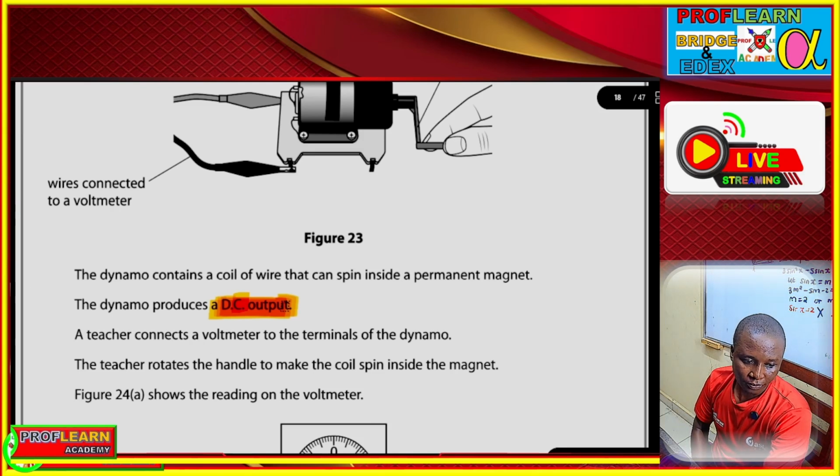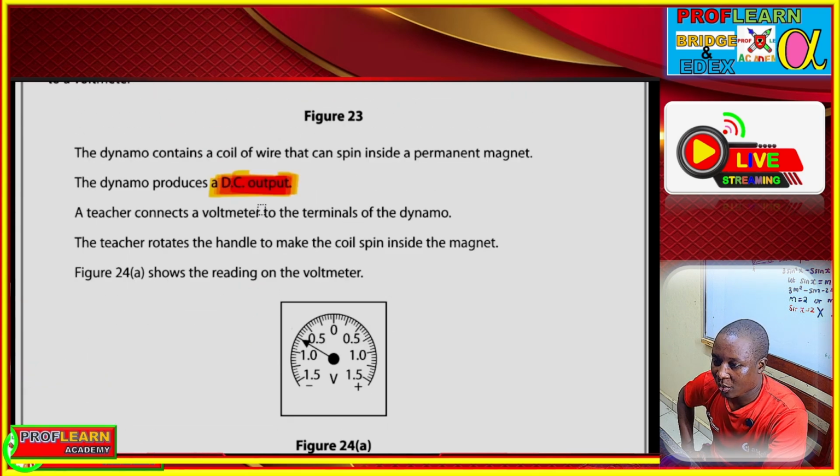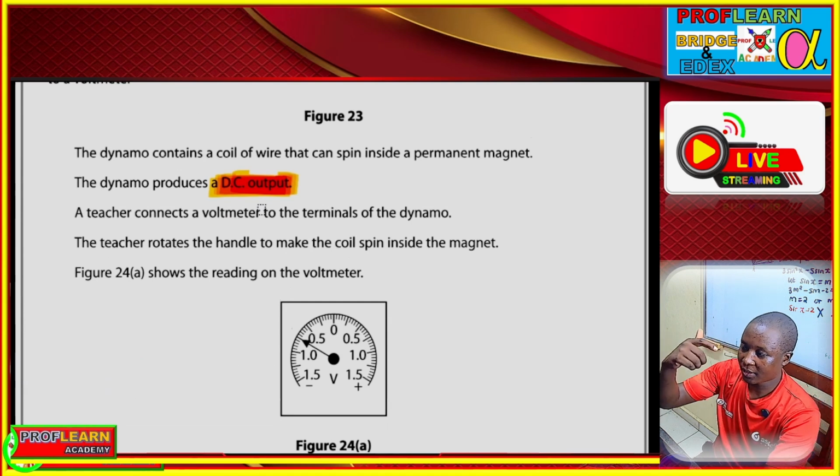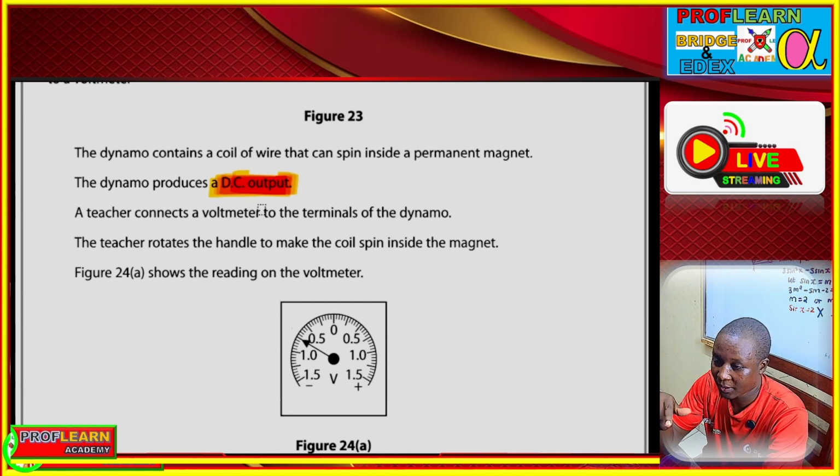Look at this. When the teacher was rotating this, I want you to notice what happened. As the teacher was rotating this, there is a current detected.